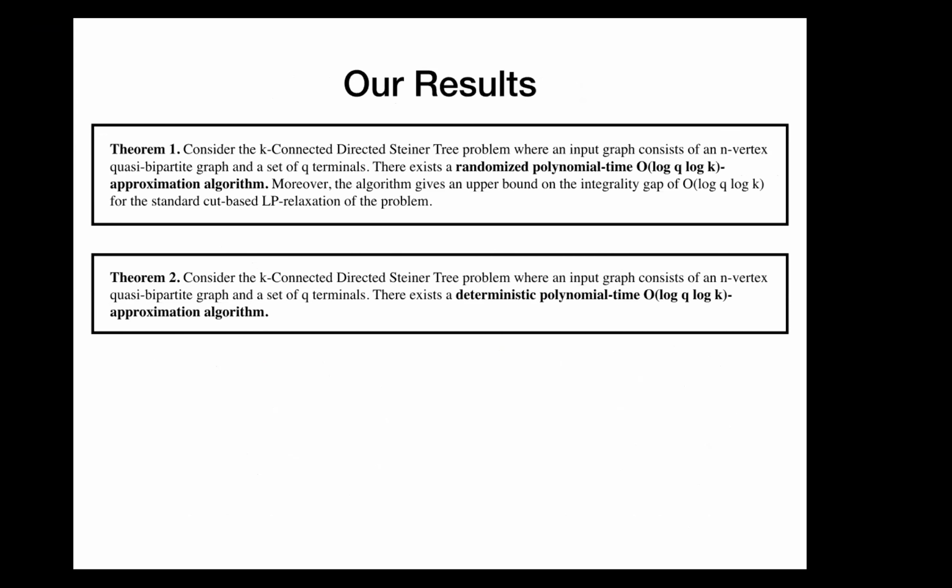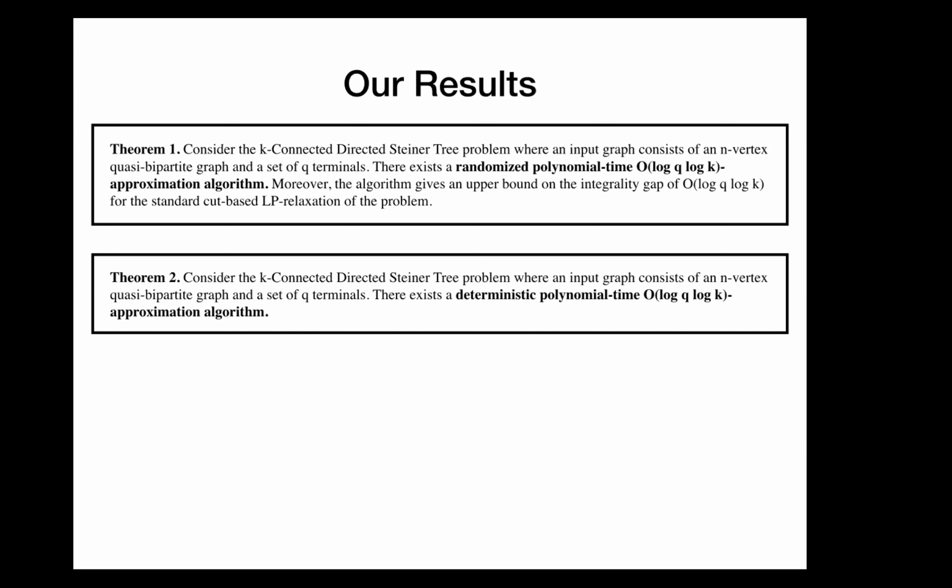Here is our main result. We propose a randomized polynomial time algorithm with approximation ratio log q log k, where k is the connectivity requirement and q is the number of terminals. We also provide a deterministic version of this algorithm.